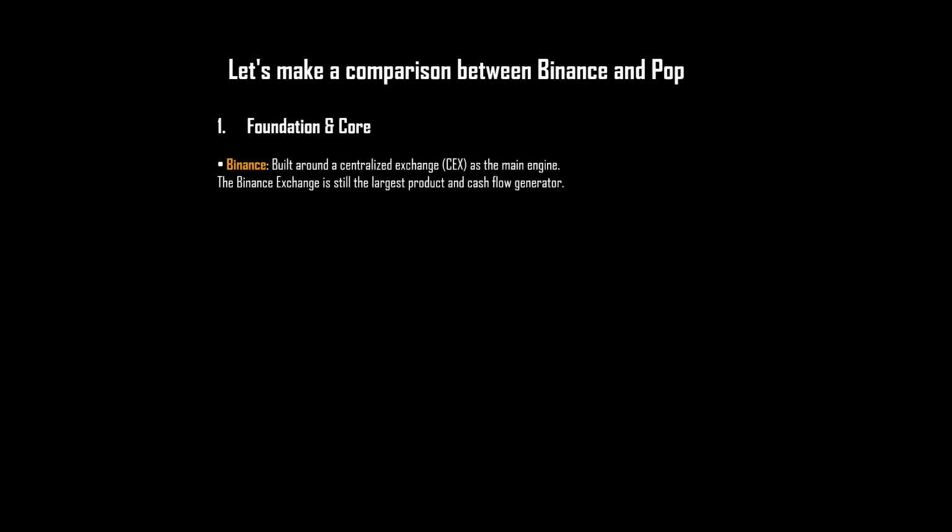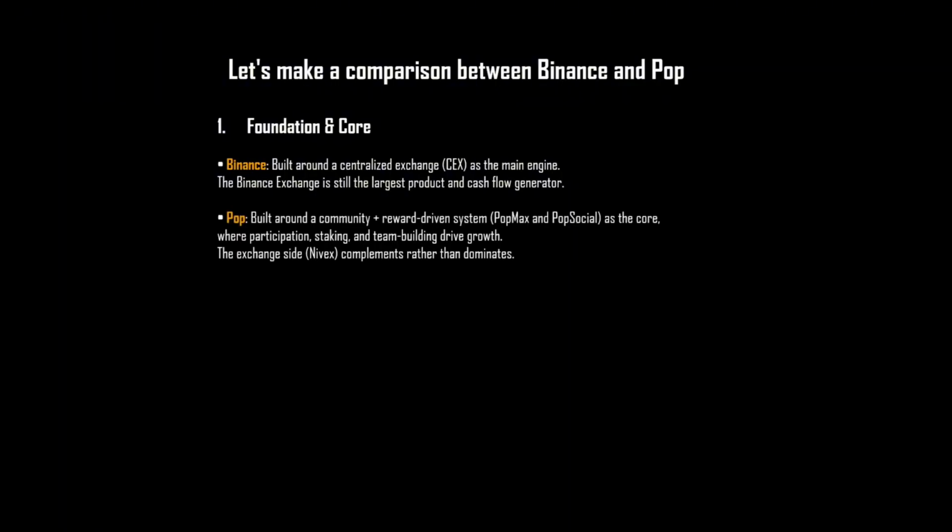The Binance exchange is still the largest product and cash flow generator up to today. POP built a community and reward-driven system, PopMax and PopSocial, as a core, where participation, staking, and team-building drive growth. The exchange side, Nevex, complements rather than dominates in our ecosystem. So that could be interesting to understand.